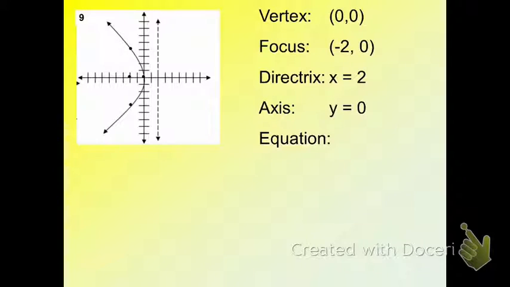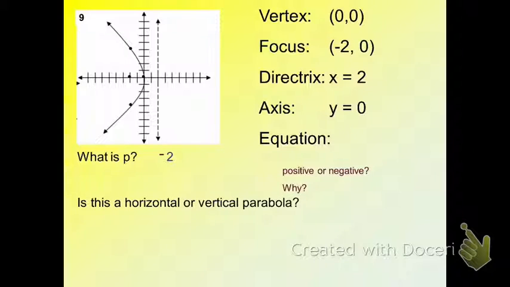So now I've got all that. So now I kind of want to start looking at my equation. Kate Sutterth, what is the p-value? 2. Does that need to be positive or negative 2? Negative, because it's opening to the left. Cole, is this a vertical or horizontal parabola? Horizontal.